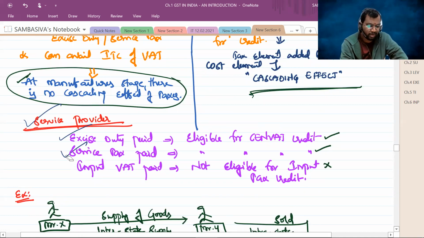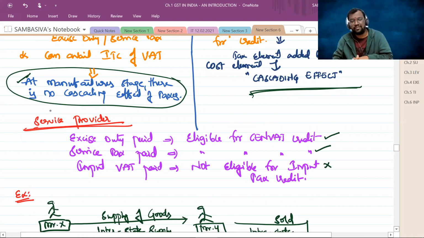So what will the service provider do? The service provider will add that input VAT to his cost of provision of services. And because of that, what will happen? Cascading effect of taxes comes into the picture. So these are all the major drawbacks under the existing taxation regime. Central taxes are not integrated with state taxes.